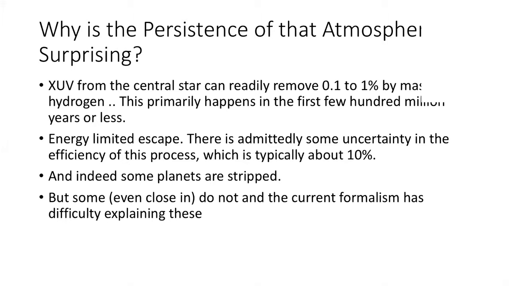In some cases, this can even lead to the atmosphere being completely stripped off the planet. But the fact remains that many of these objects, the ones I showed in my first slide of radius versus mass, are hard to explain. It seems that many of these bodies are retaining atmospheres when this kind of calculation would actually cause them to be stripped. So that's the puzzle that we're seeking to explain in our work.